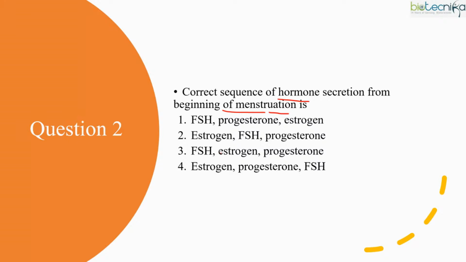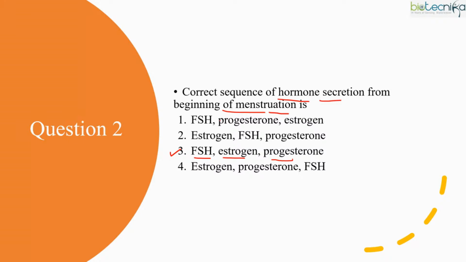First, follicle development takes place, so the first in sequence should be FSH. Then the next should be the estrogens, and finally in the luteal phase we saw the role of progesterone. So this is how you have to remember the correct sequence. There are various other options that can confuse you, but if you are attentive and know the various phases properly, you can easily solve the question.